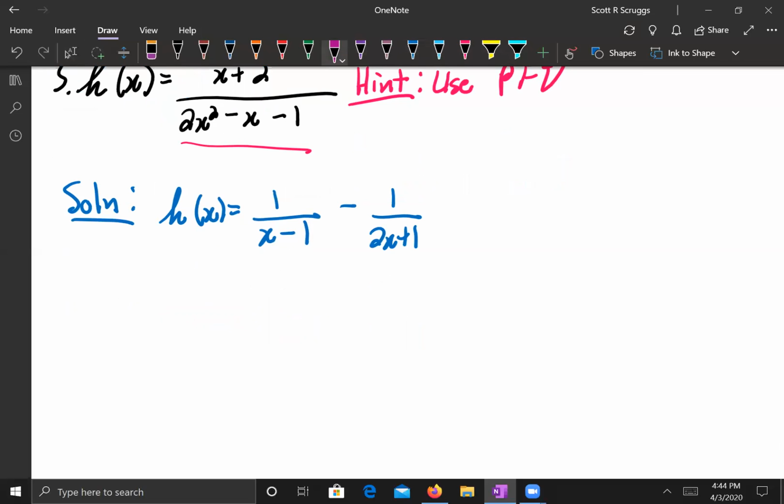So in that case, let's put a y. Let's see how fast this will be. 2x squared minus x minus 1.